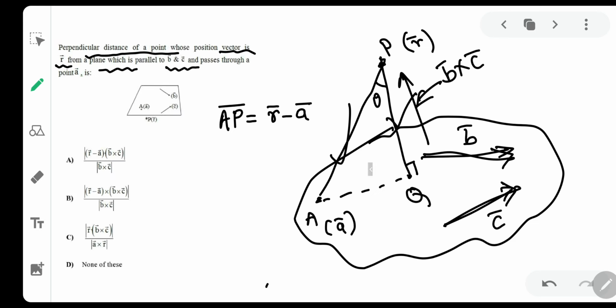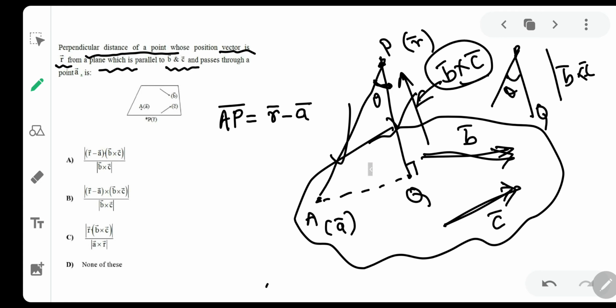Now let us observe what is cos theta. Theta is the angle between AP bar and PQ bar, and PQ bar is in short b bar cross c bar only, because they are parallel. So whatever is the angle over here, the same angle will be over here with b bar cross c bar.